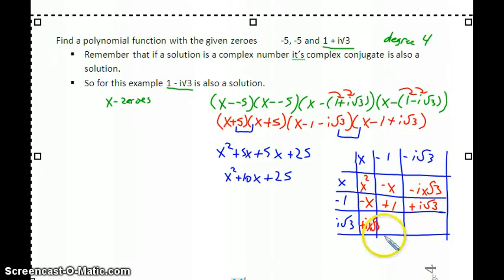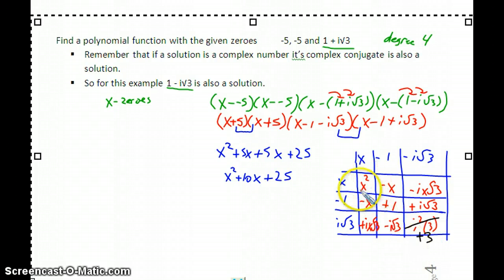Made my box a little too small there. Minus i square root of 3. And finally, i times negative i is negative i squared. Square root of 3 times the square root of 3 is 3. So when I deal with the negative i squared and the 3, this would become a positive 3.